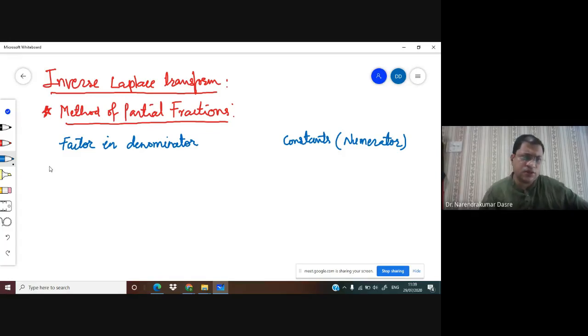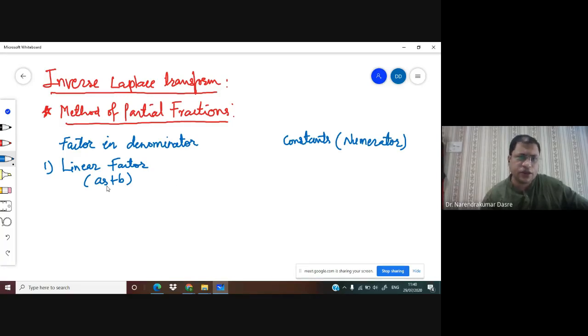The first thing that we can have is a linear factor. How does the linear factor look? It will be as plus b. Here we have to be careful that our variable is now s, not x.